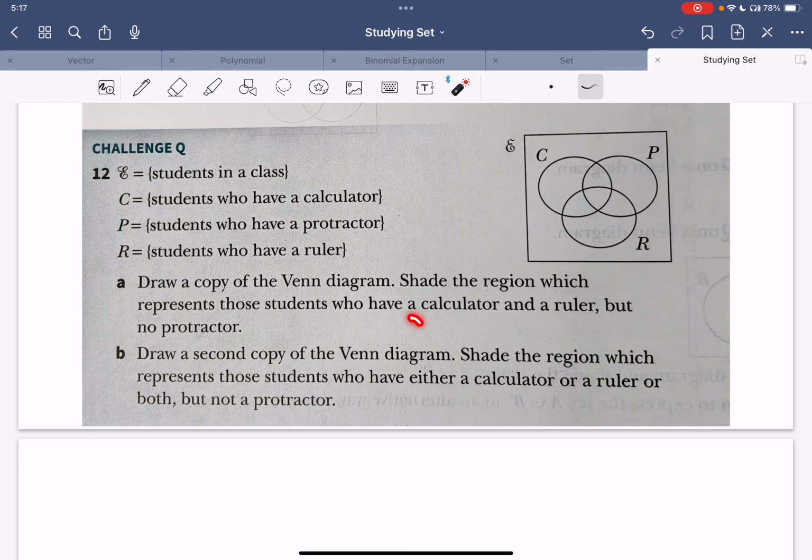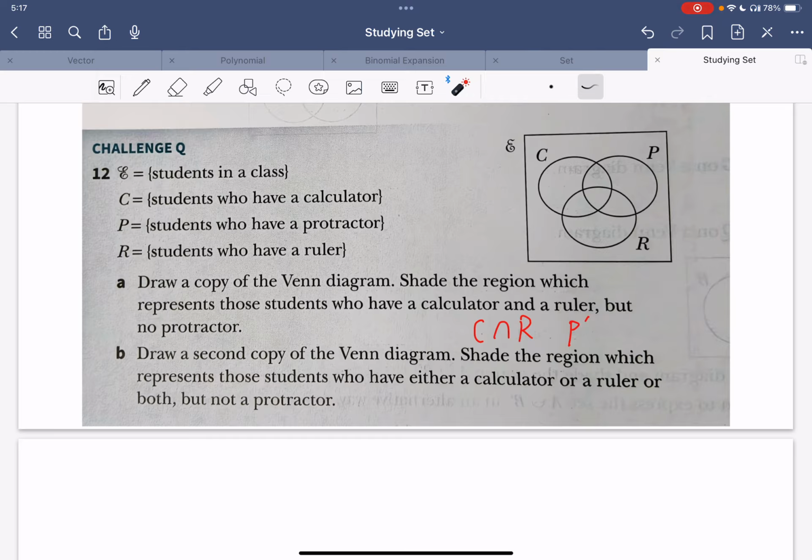So both C and R are included, but no P. So using set notation, it is C intersect R and what? And P complement, right? Let's find out.